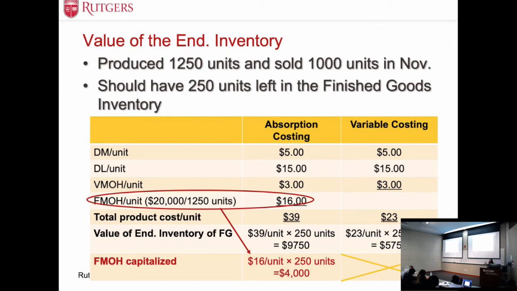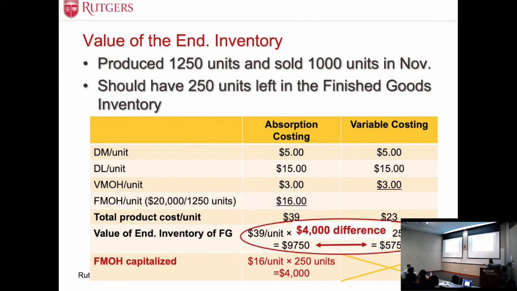And if you observe, the 4,000 is exactly the difference between the value of the ending balance under different costing methods. Under the variable costing, we basically subtract all the costs, especially the fixed overhead, because the fixed overhead is considered a period cost, so we just subtract it as a whole.